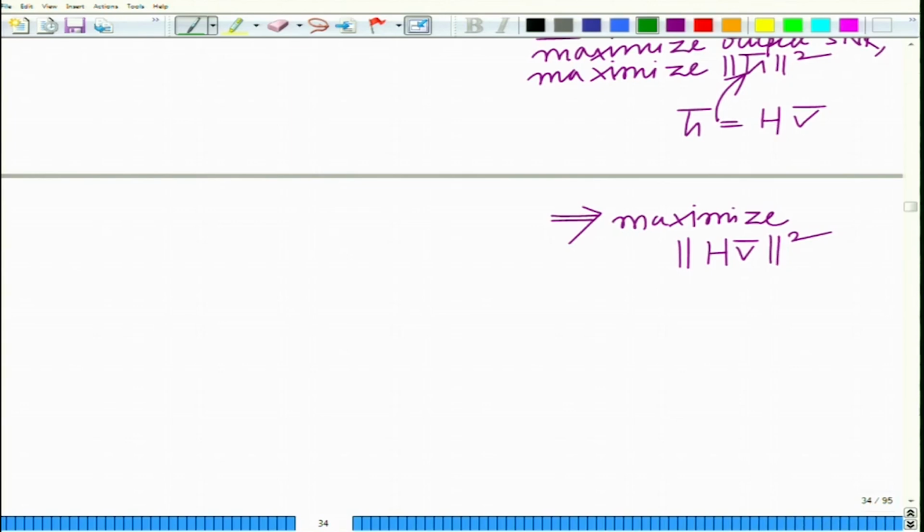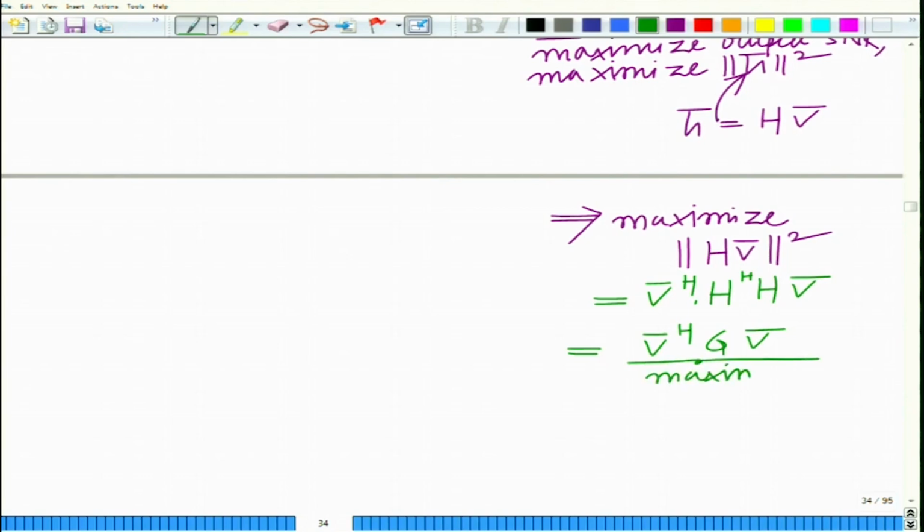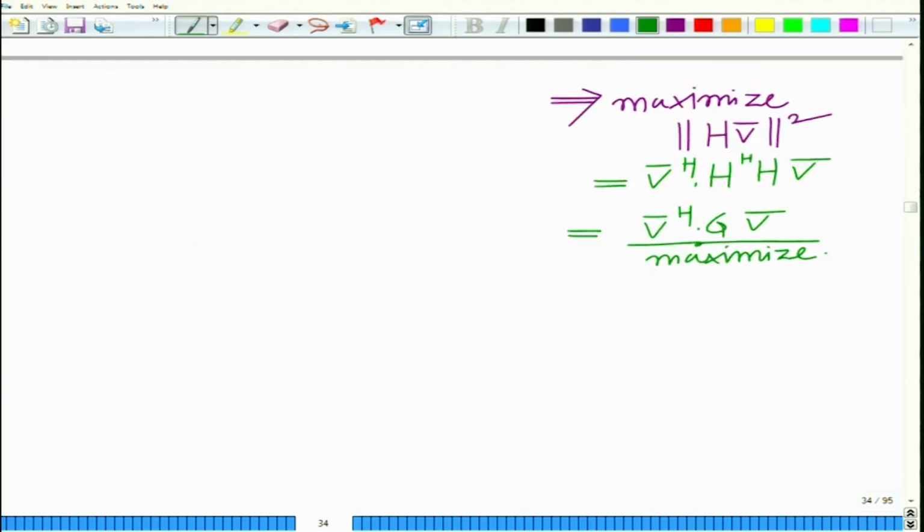It is the vector times its Hermitian for a complex vector, which is V bar Hermitian H Hermitian H into V bar, which is equal to V bar Hermitian G into V bar. We have to maximize this quantity, where G equals H Hermitian H.